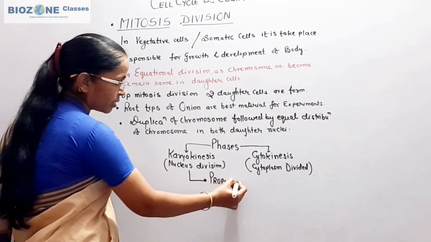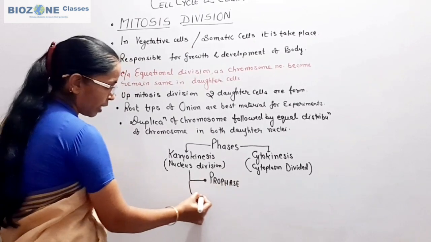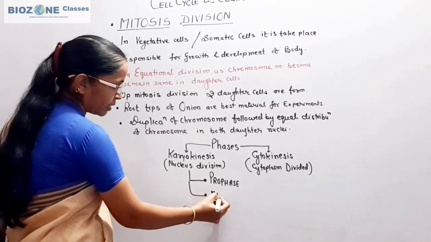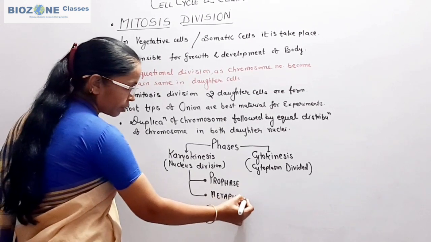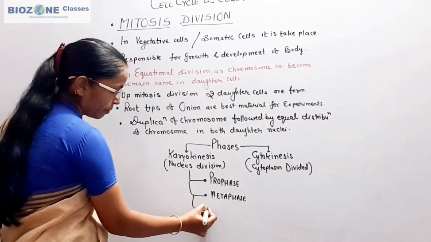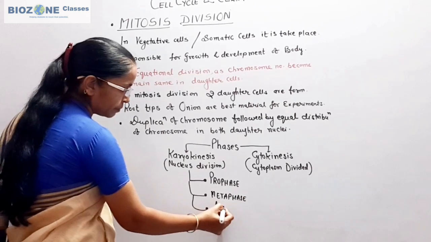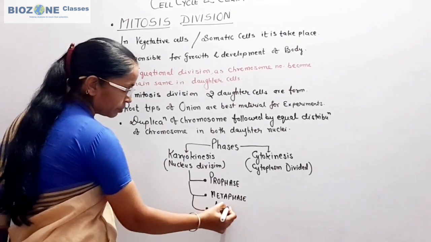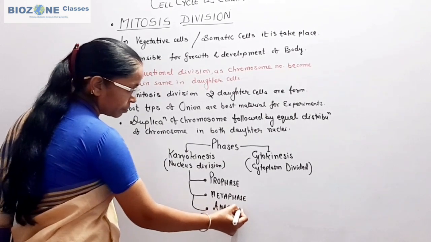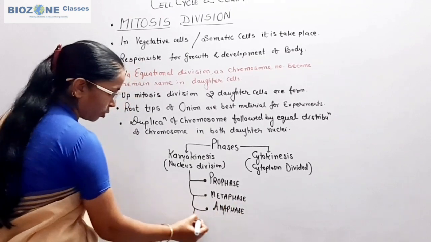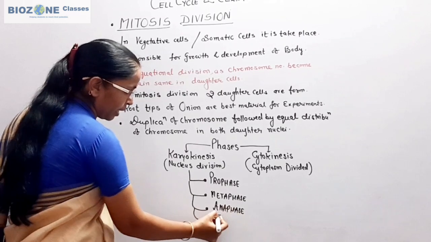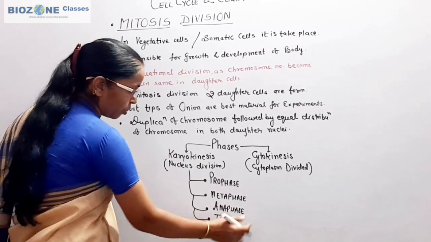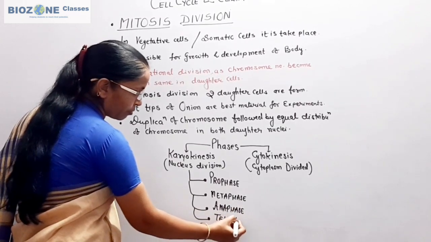Firstly, prophase. Second, metaphase. Third, anaphase. And fourth, you remember, prophase, metaphase, anaphase, and the fourth phase is called telophase.